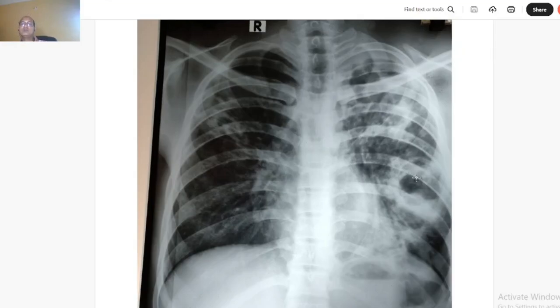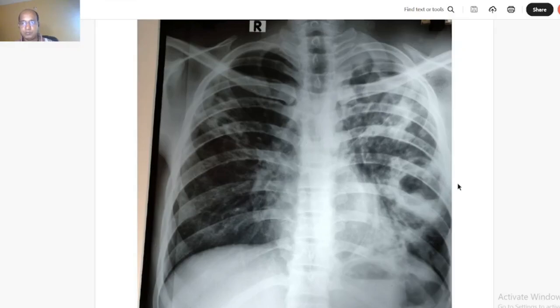So this goes in favor of a provisional diagnosis, that is pulmonary tuberculosis, and a cavitary lesion in case of pulmonary tuberculosis means it is active pulmonary tuberculosis, mind it. Cavitary lesions for pulmonary tuberculosis means it is an active pulmonary tuberculosis, obviously.